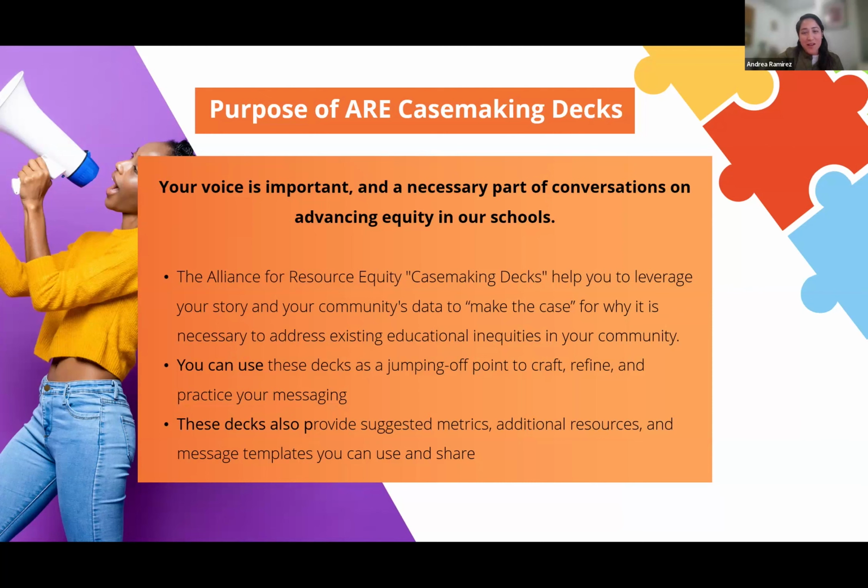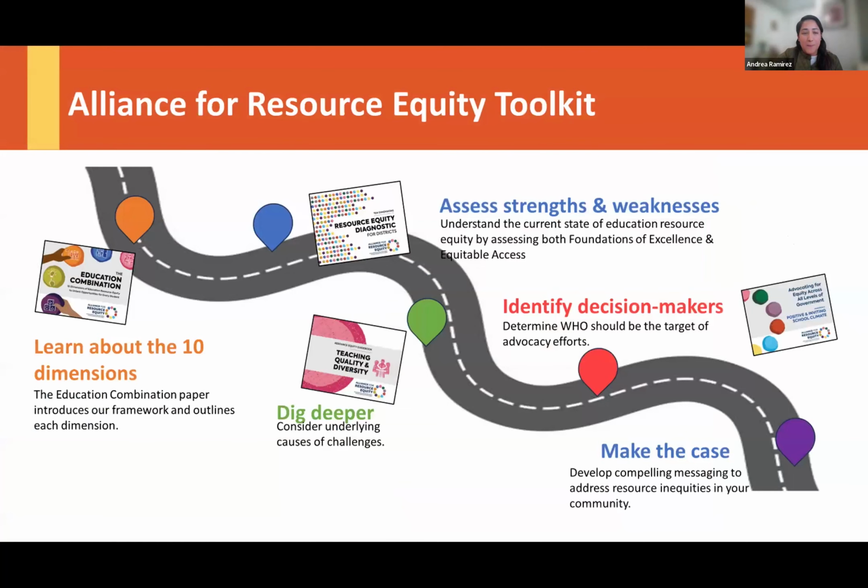So it's a very hands-on presentation today, and I hope that you're able to participate in those activities in whatever capacity you can today. And hopefully today we'll just provide further background information and data on one specific dimension for resource equity. So today we're specifically going to focus on positive and inviting school climates and its impact on students.